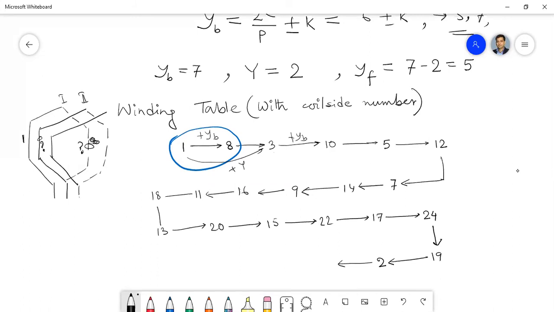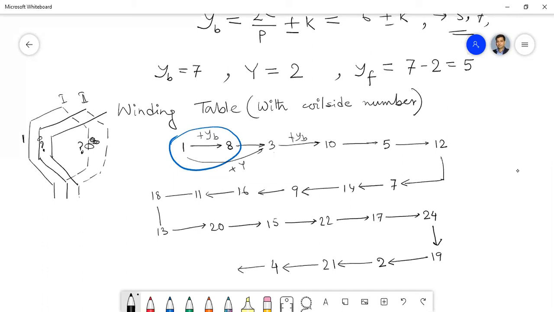After 19, obviously you will have 21. Again 21 plus 7 is 28, but 28 is not there. So 4. 4 has not been occupied, so you can use 4.